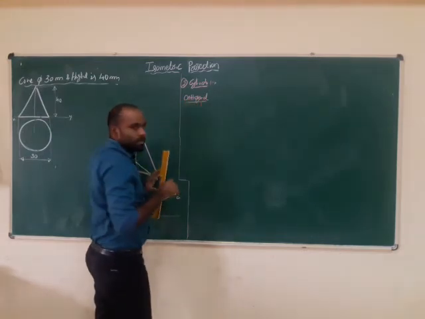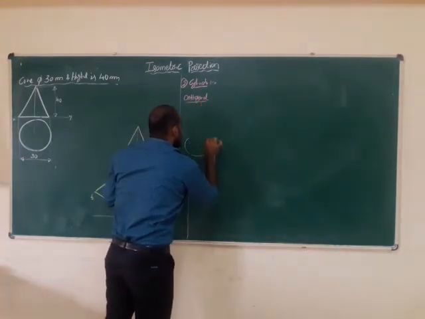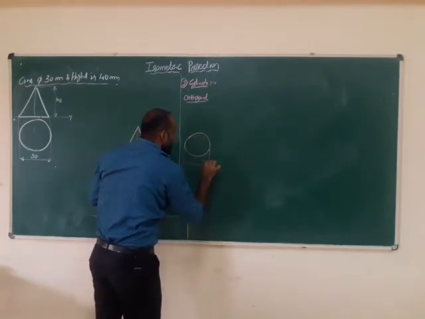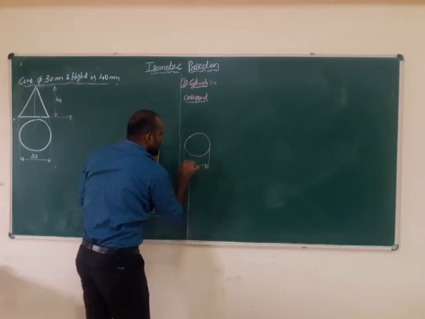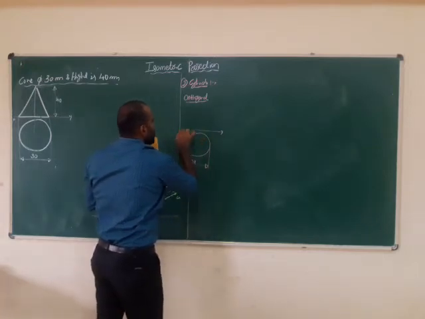In the orthogonal view, it is called a 2D view, so you draw the circle. And you have to draw one XY line.